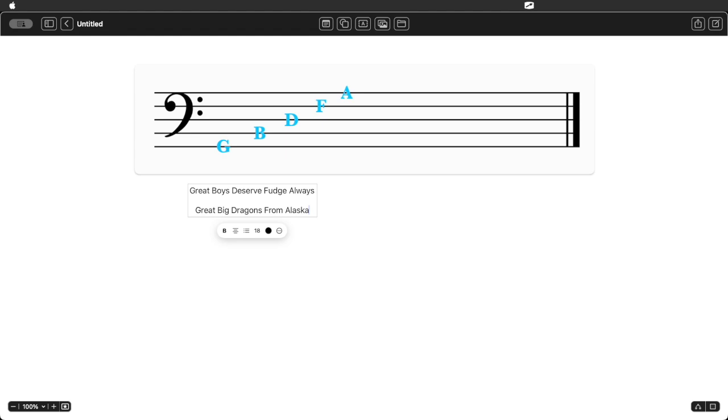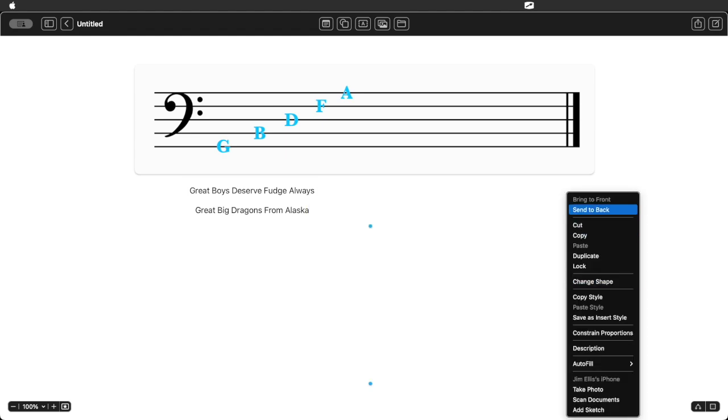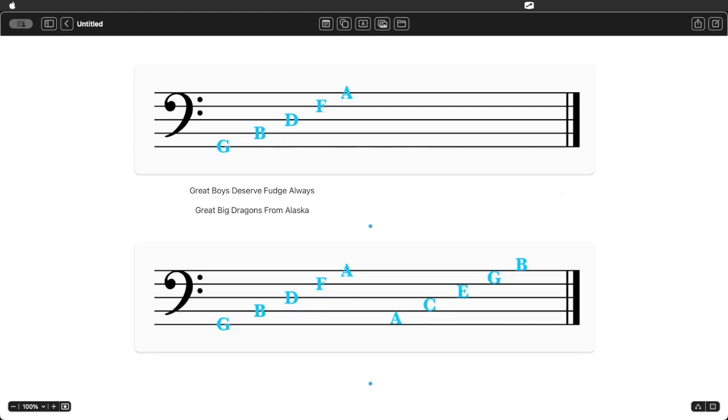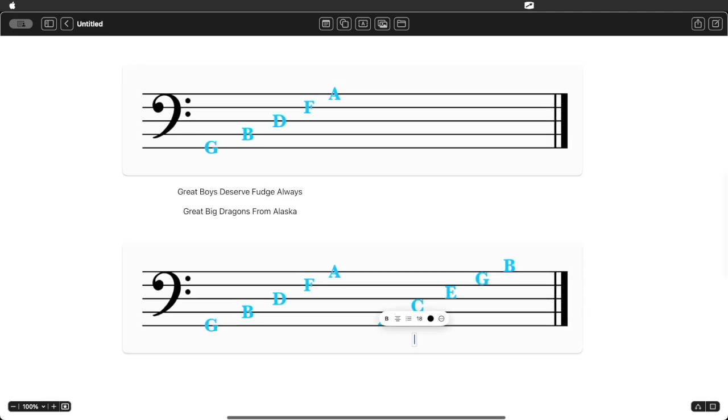And now a mnemonic device I like for the spaces, the most common one is probably All Cows Eat Grass.